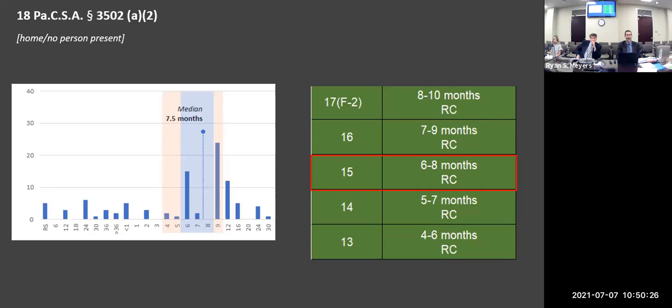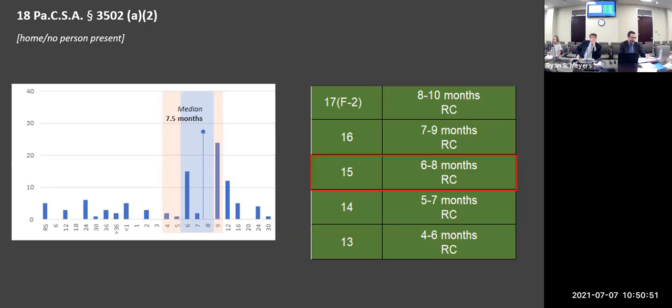And we could see that in this aggravated mitigated step approach, the aggravated mitigated range would be from 4 to 10 months if we did the 2 steps down and the 2 steps up using OGS 15 with a standard range of 6 to 8 months.